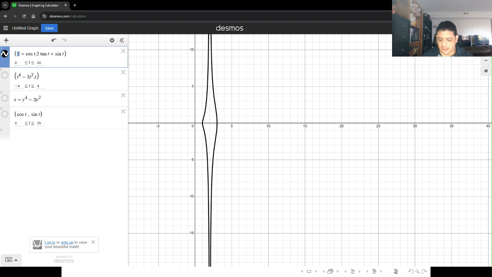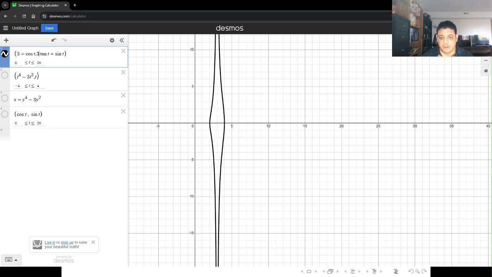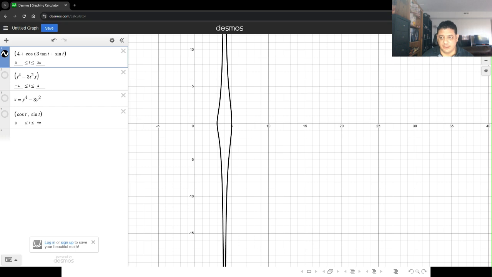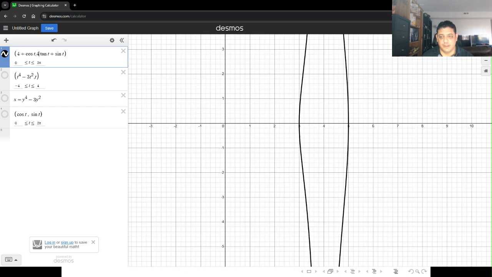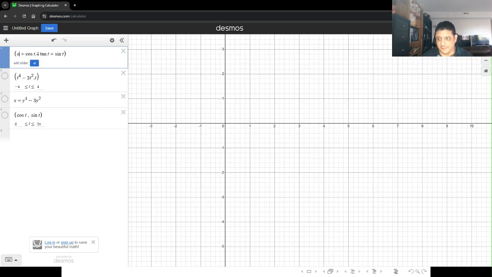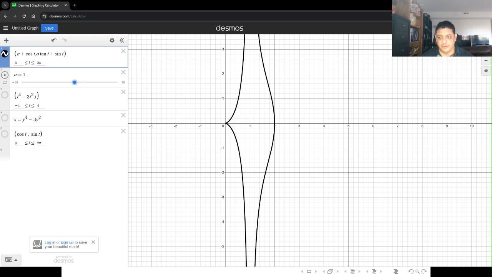Of course, remember that in this case a was another parameter, so the more that you play with the value of that parameter, the more difference you're going to get on the graph. So that's overall the difference between having a single parameter or having more than one parameter with different sliders.